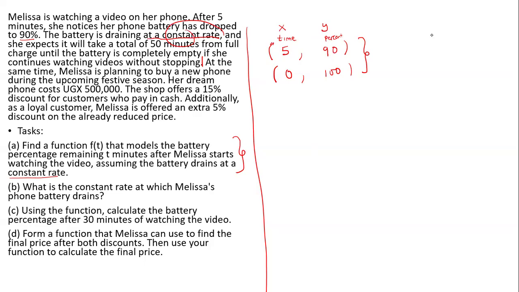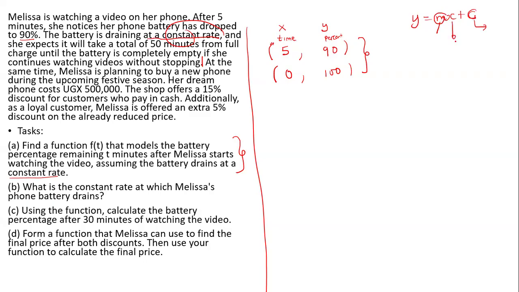In other words, we want to establish what that constant rate is. You know very well from your gradients that y is equal to mx plus c, whereby m is the constant rate, the rate at which something changes. And c is the intercept. So we are going to find those two variables such that we can find our function. We are looking for our m and our c.